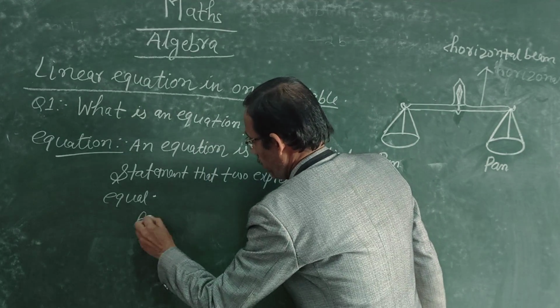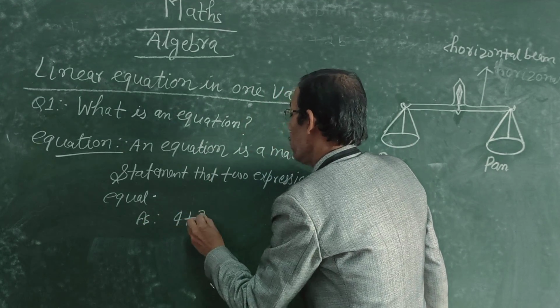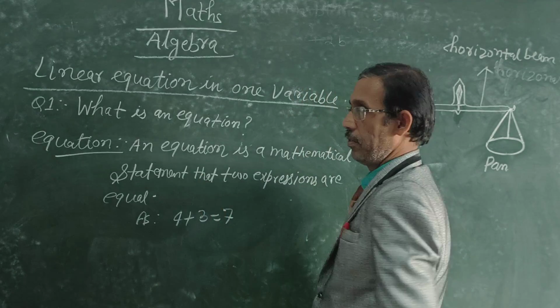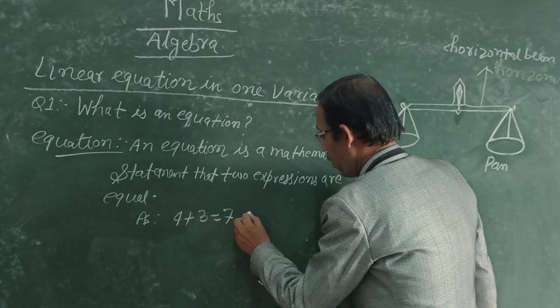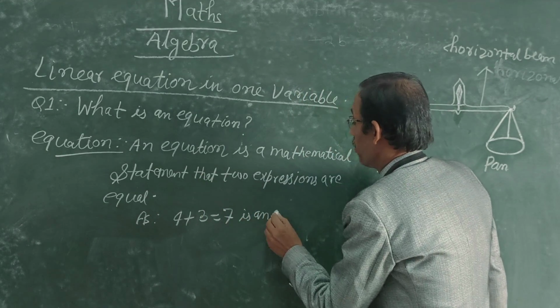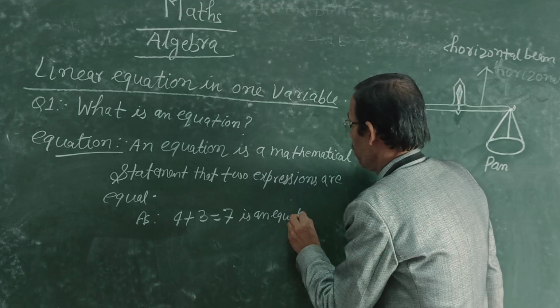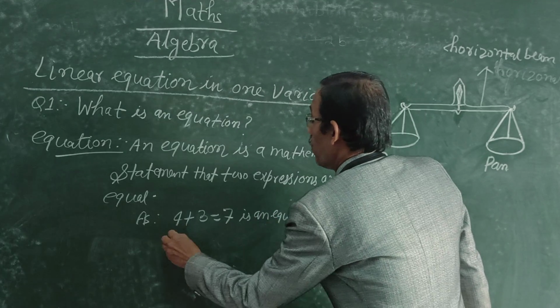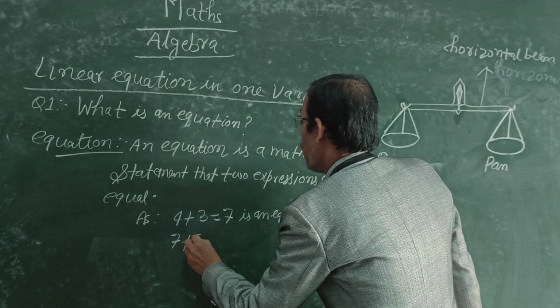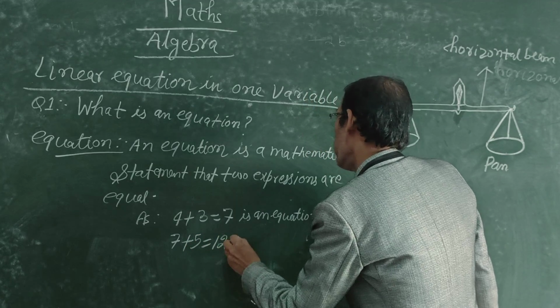As 4 plus 3 is equal to 7 is an equation. 7 plus 5 is 12 is an equation.